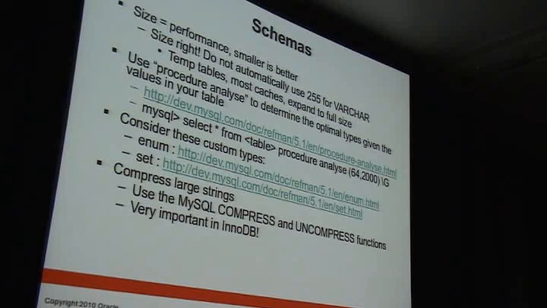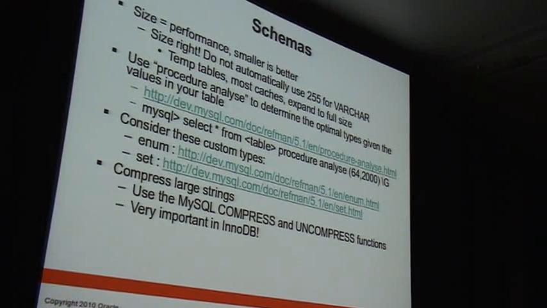You want to go for the smallest value that could possibly handle all the data that you're going to put in that column. You can use procedure analyze, one of the procedures that comes with MySQL, to determine this in a known database. Once you've already got your data in there, you can find out exactly what size your columns need to be and how far over the size they need to be.